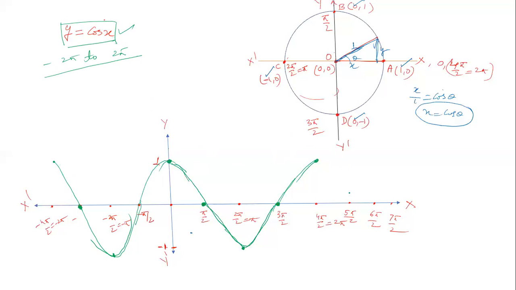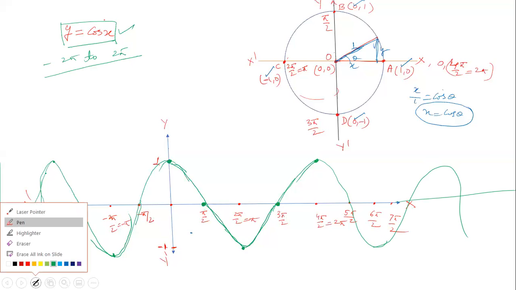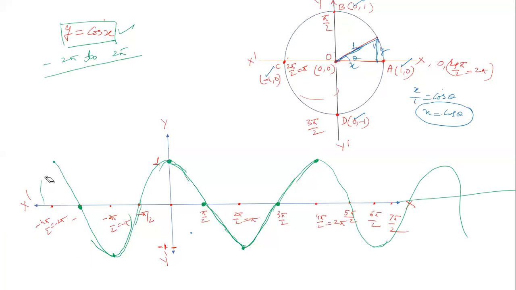Similarly, we can extend it for all real values. It will go like this, and similarly on this side also it will go like this. So we can draw the graph of y equals cos x.